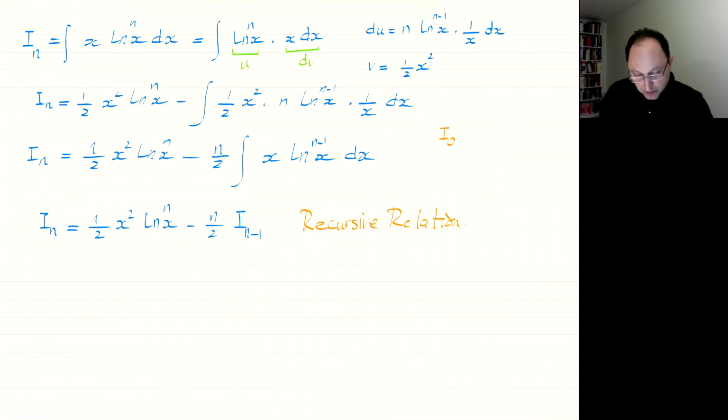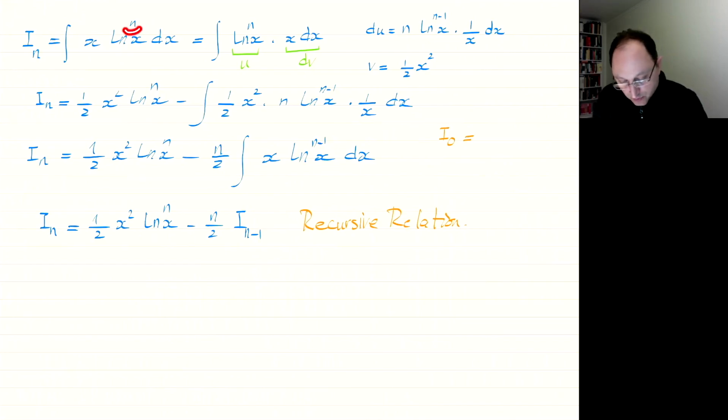But the problem is that if I have 0 here, then I have x dx, which is simply x squared over 2. But if I plug n equal to 0 here, because of this factor, this will vanish, and I get x squared over 2 back. So I am thinking to cheat a little bit. What is I0?